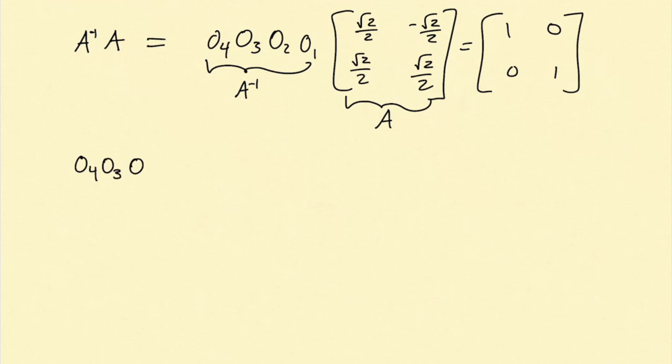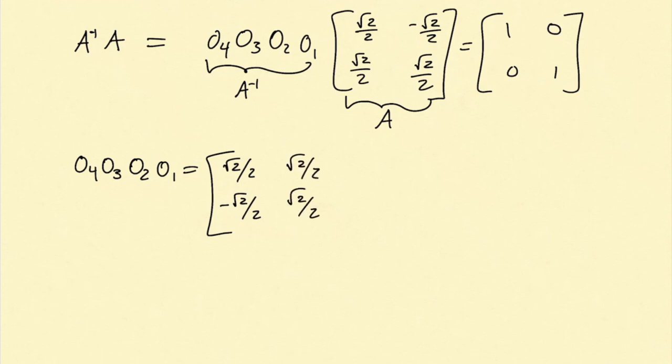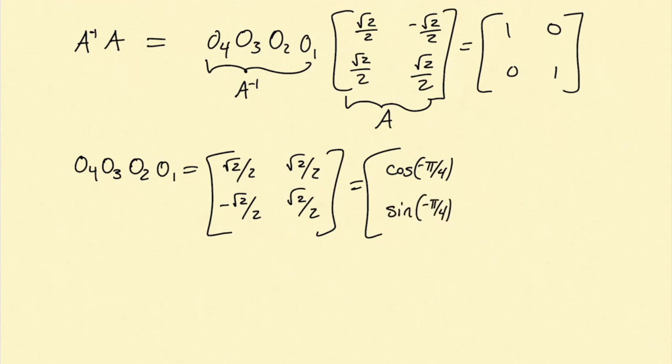So of course we can check our intuition. If you sat down and multiplied O4 times O3 times O2 times O1, we would get the matrix with entries root 2 over 2, minus root 2 over 2, root 2 over 2, root 2 over 2, which of course is the rotation matrix corresponding to rotating pi over 4 radians clockwise, or you can think about this as negative pi over 4 radians.